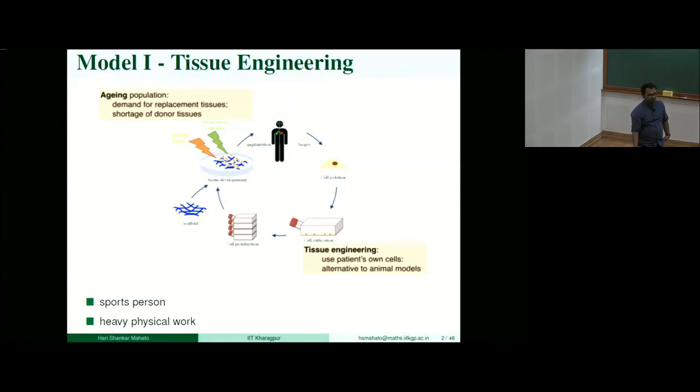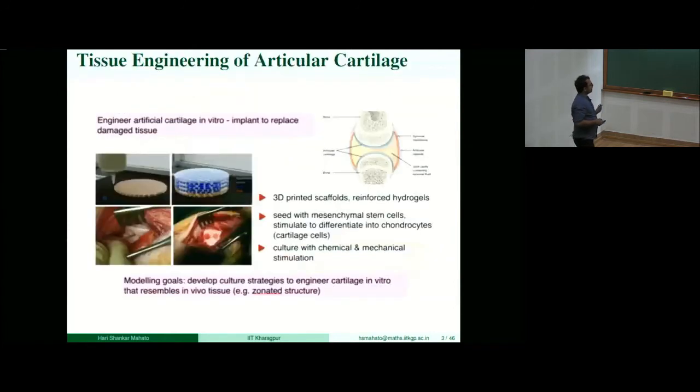For example, if you replace the damaged cartilage with this artificial tissue, it goes under twisting and turning, so we ask whether it can get damaged again. Here is the knee figure. If the cartilage in the knee is getting damaged, you can replace it with these kinds of scaffold structures or artificial tissues.